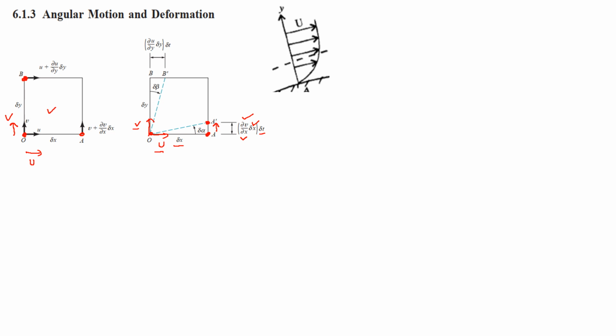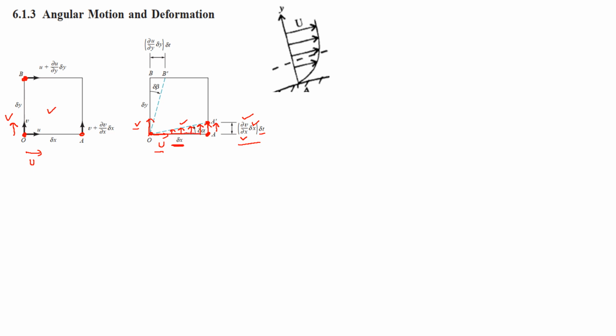This means the velocity is increasing along this edge like this, so the x component of this velocity is forming a gradient along this edge. This is what this equation represents. This term represents the partial change in velocity. As you see in this gradient, this is the partial change in velocity along the x-axis.